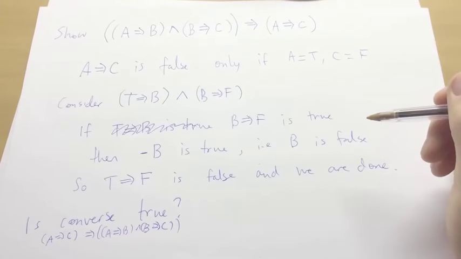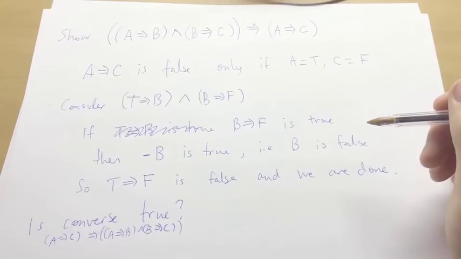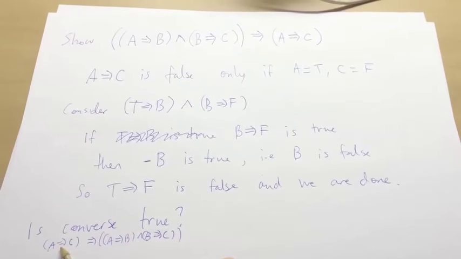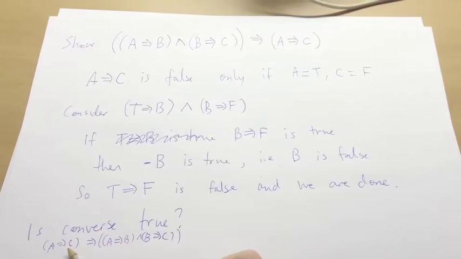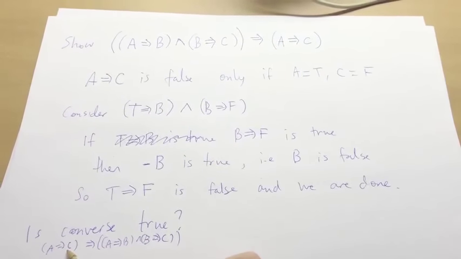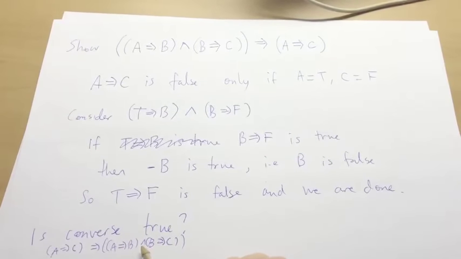To test whether this is true or not, we just have to consider what happens if this is true, because if it's false, then the implication is automatically true. So if A implies C is true, the question is, can we think of a B such that this is false?